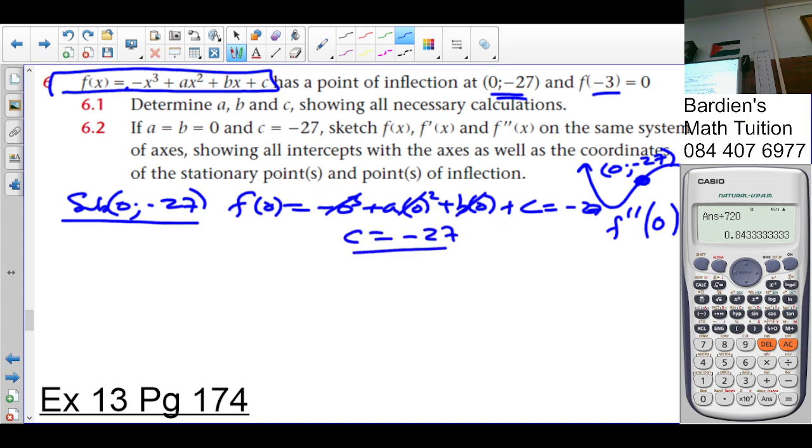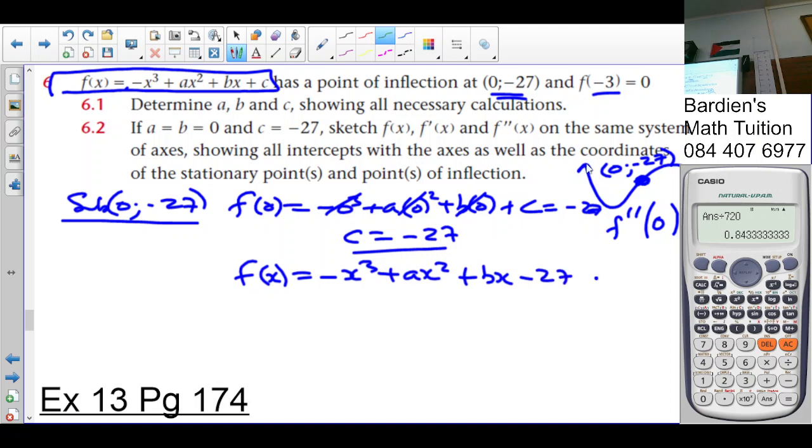So now we can go with the f double prime. Our equation now reads f of x equal to negative x cubed plus ax squared plus bx minus 27. Okay?